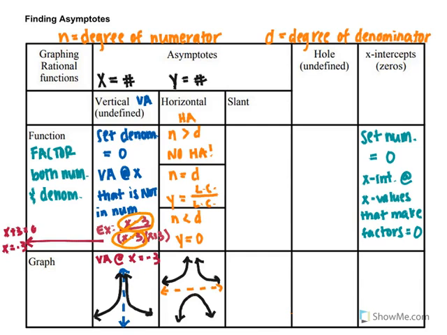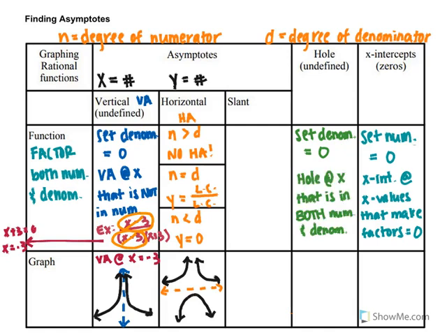Holes are from the denominator. So we already saw an instance of a hole when we were looking at vertical asymptotes. To find holes, we would still set our denominator equal to 0 after we factor it. And a hole is the x value that is in both the numerator and denominator. So if we were to look at an example, we could actually look at the example we had before in the vertical asymptotes.